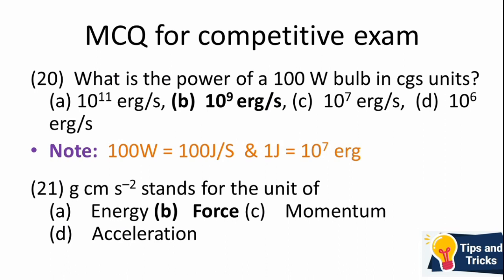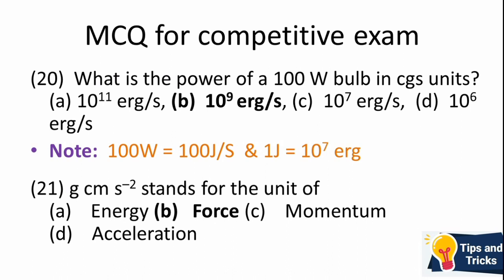So now the last question, gram centimeter per second square stands for the unit of. Options given are: option A energy, option B force, option C momentum, option D acceleration. So energy in CGS unit is gram centimeter square per second square.